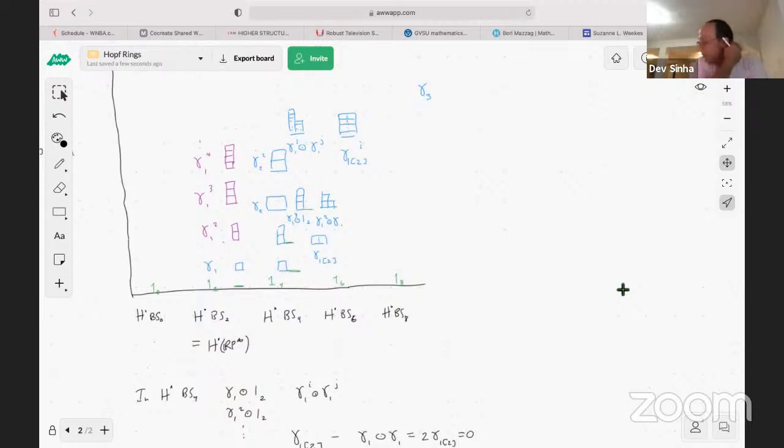And gamma 2 times any non-trivial transfer product, by Hopf ring distributivity, is going to be a non-trivial transfer product. So in thinking of an additive basis, I only need to think about products of things that themselves are not transfer products. In other words, they're transfer product indecomposables. And let me circle those in yellow.